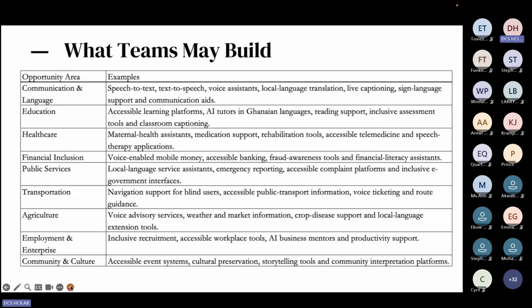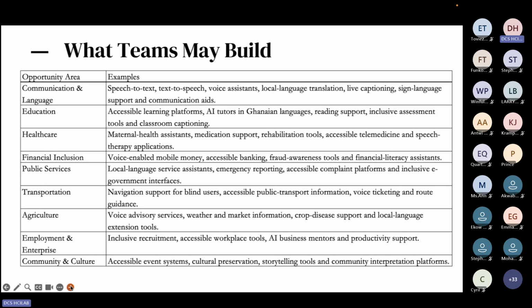Now, what are you expected to build? There are different opportunity areas. Last year, we focused mainly on speech impairment, specifically for Akan. So we had solutions that were developed for individuals with speech impairment, and that cuts across those with cerebral palsy, stammering, cleft palates, post-stroke patients.